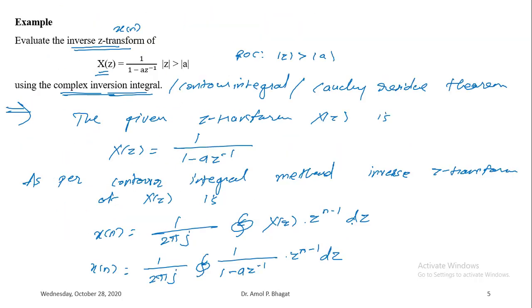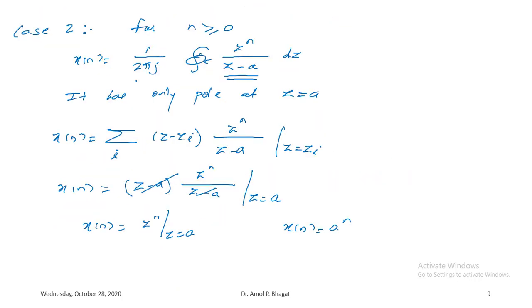We are interested in identifying the inverse z transform of x of z. So here we can conclude that for n less than 0, x of n is 0, and for n greater than or equal to 0, x of n is equal to a to the power n.